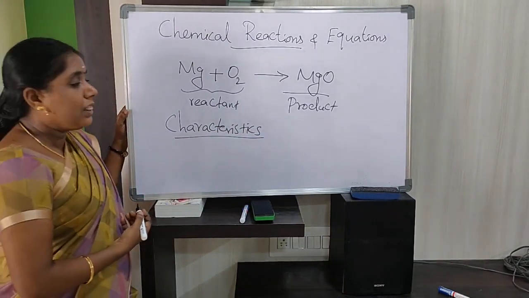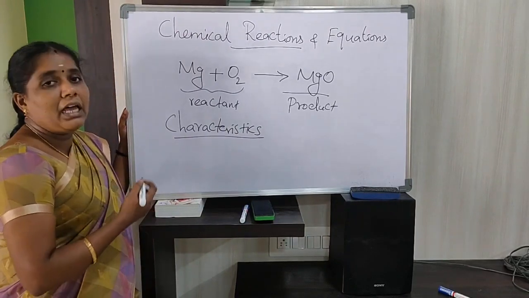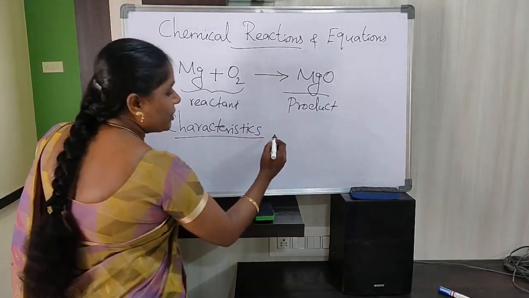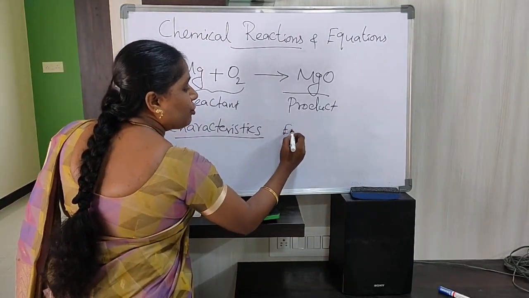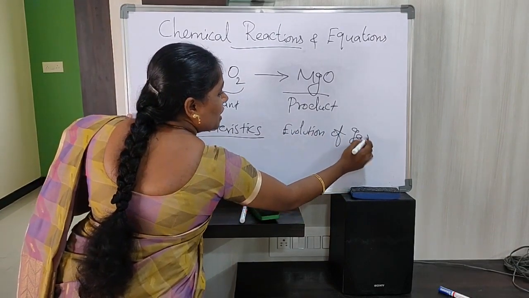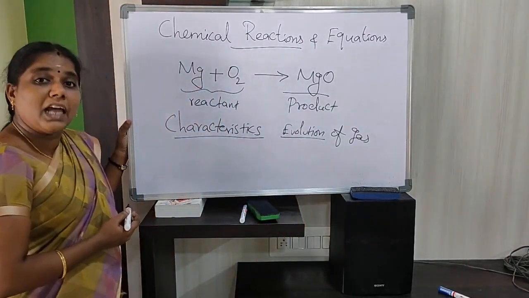Already we have discussed many characteristics. In that, first we have discussed the evolution of gas. And what is meant by evolution? During a chemical reaction, the releasing of gas takes place. That is called evolution.